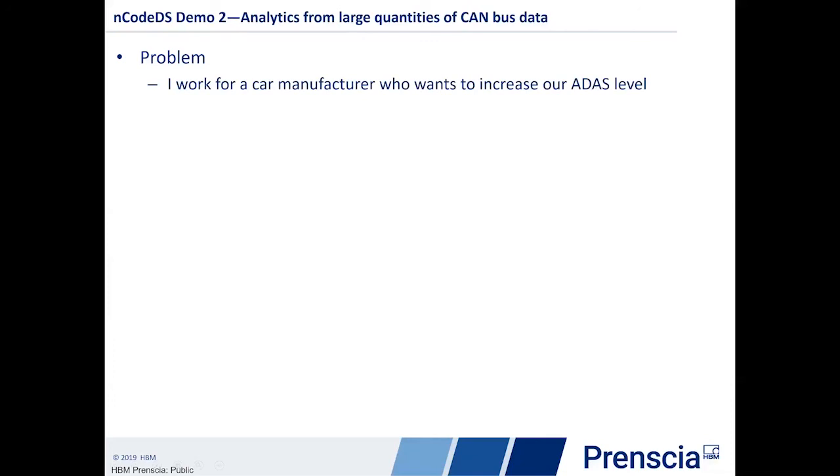There are 5 levels. Say we want to move from level 3 to level 4 and eventually go to the autonomous car, the fully autonomous car. That's our final objective. So my task is to understand how a population of real drivers use their cars on an everyday basis.